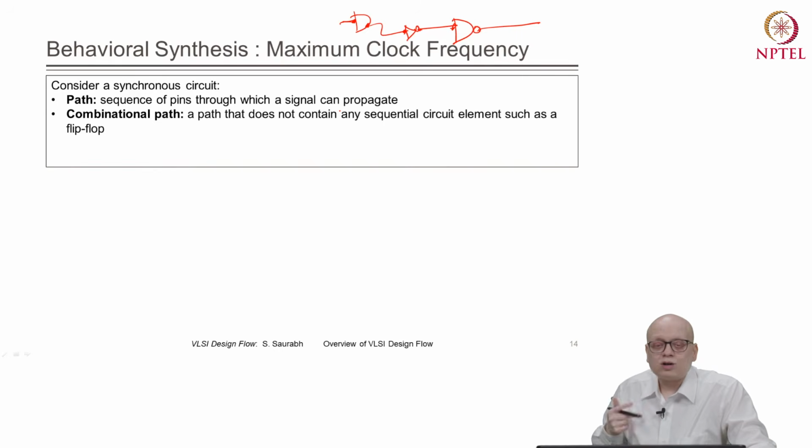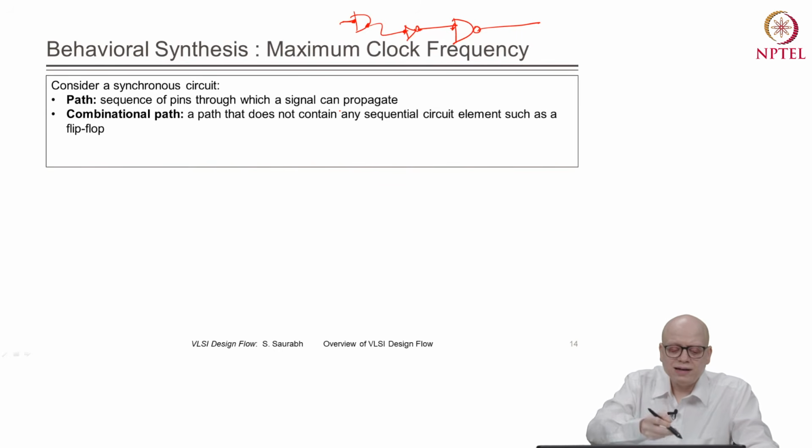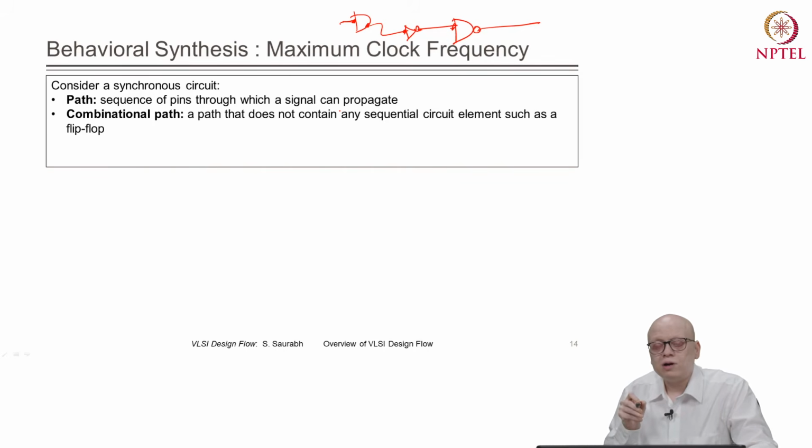Now what is a combinational path? Before explaining a combinational path, let me explain the difference between a combinational circuit element and a sequential circuit element. Combinational circuit elements are those whose output depends on the current inputs only, right. For example, AND gate, OR gate, XOR, multiplexer, decoder. These kinds of circuit elements are combinational circuit elements, because whenever we make any change to the input, the output can change, right.